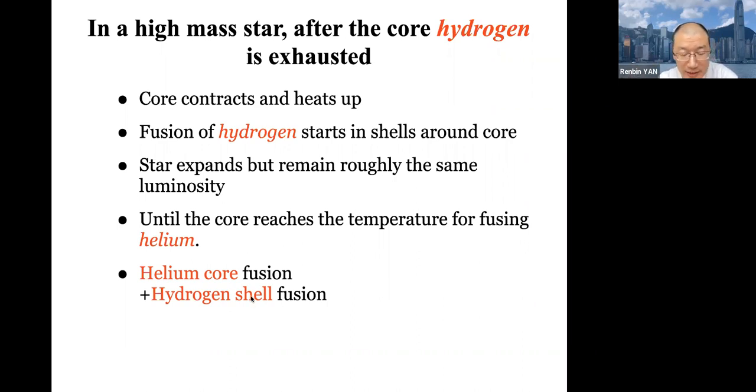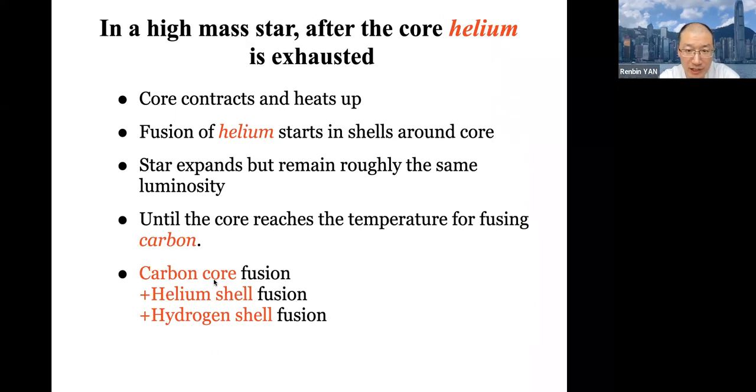Without going through that unstable helium flash process. Once you have this process, you basically have a helium fusing star. And then the next stage is that when the helium core is exhausted, you again have core contraction and heating up, and fusion of helium starts in a shell around the core.